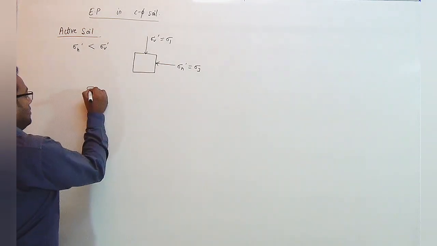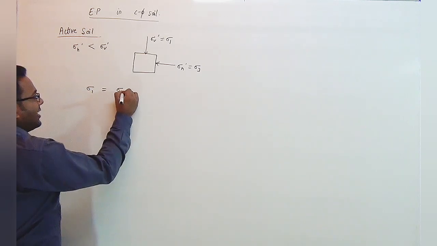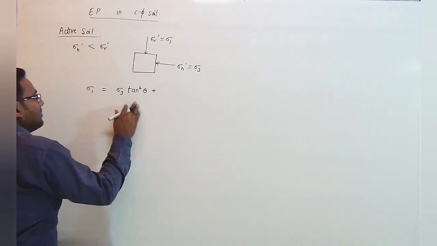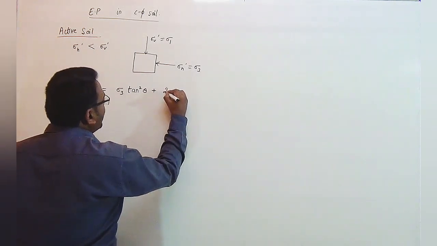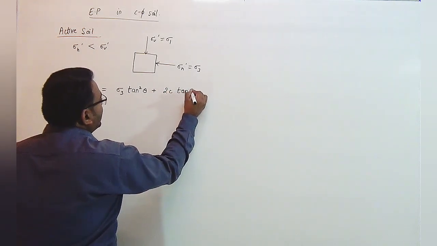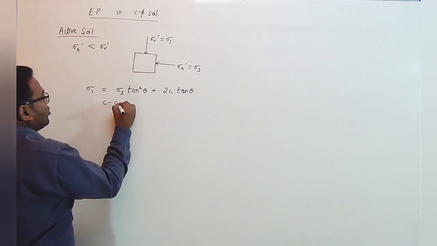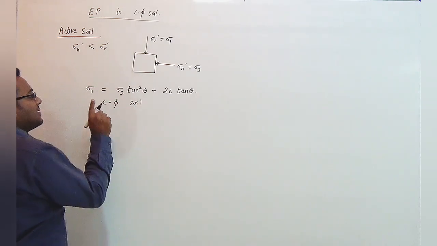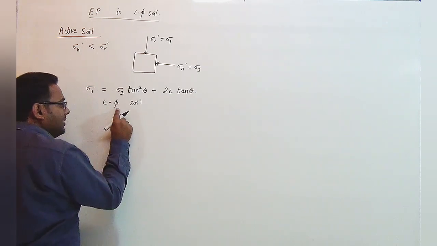So I am starting with the same equation that was used earlier, that is sigma 1 equals sigma 3 tan square theta plus 2c tan theta. I am taking the soil as c-phi soil, that means neither c is 0 nor phi is 0.